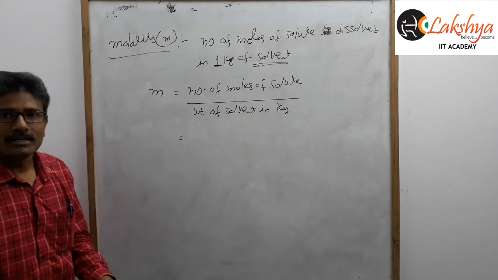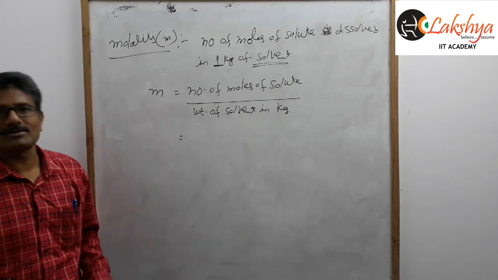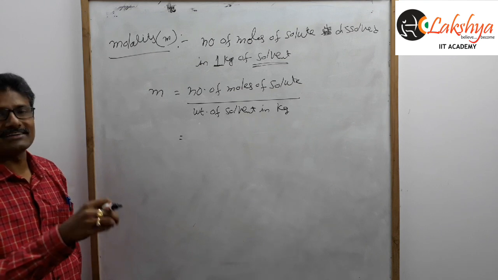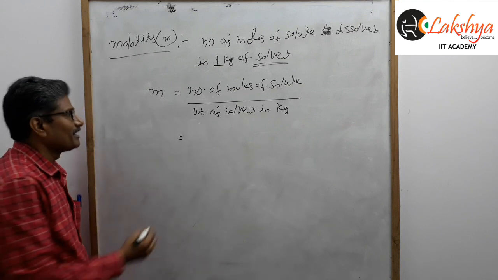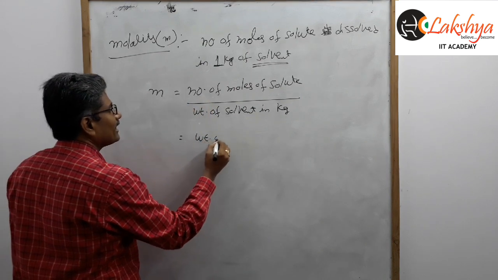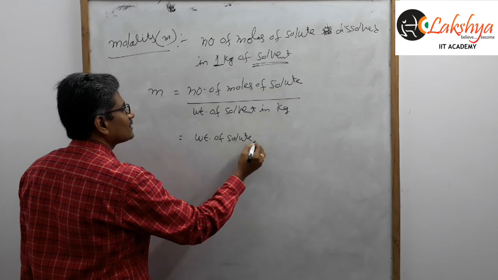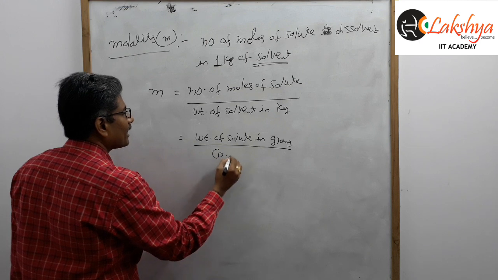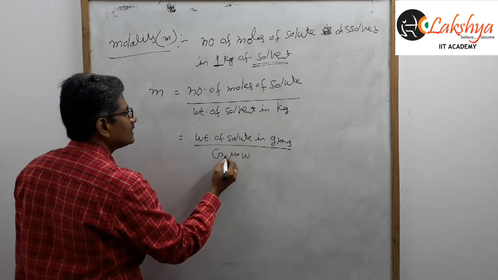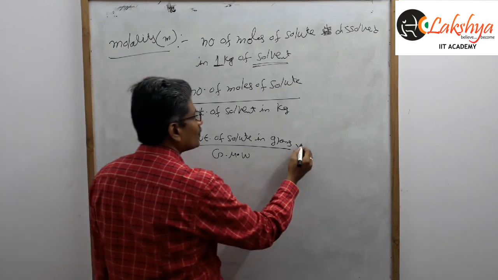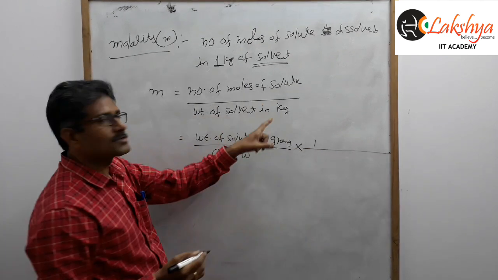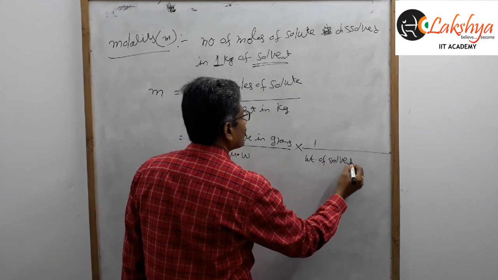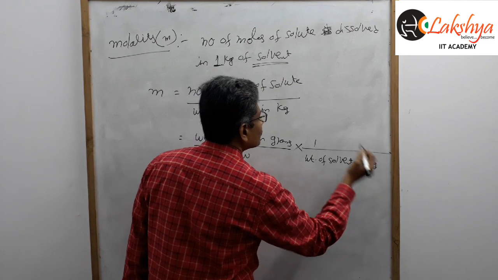Suppose in a problem, instead of the number of moles of solute, the weight of the solute is given. Then the number of moles means weight of the solute in grams by gram molecular weight, GMW, into 1 by weight of solvent in kilograms.